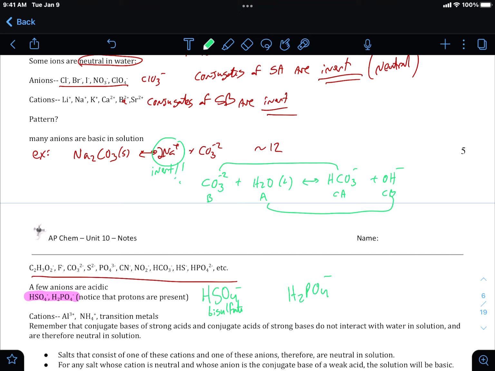They both have negative charges, right? This is dihydrogen phosphate. It's a polyatomic ion. Both of these are on your polyatomic ion sheet. These have negative charges, but they are not bases. They are actually acidic.